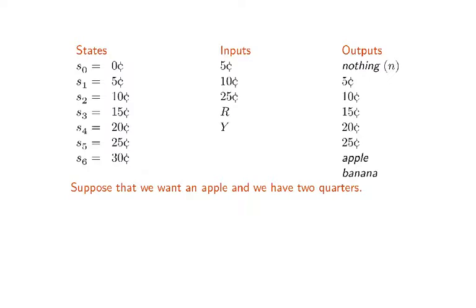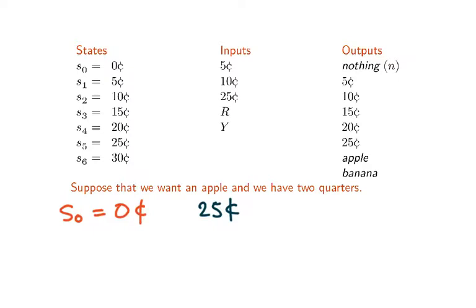We start with the initial state, that is, the machine had 0 cents. Then we put 25 cents in the machine, right? We said that we had 2 quarters. So that will be the input, that we put 25 cents.